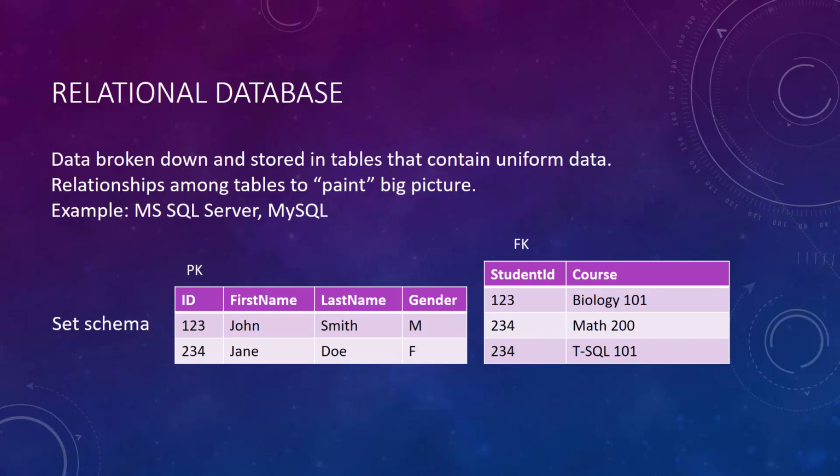What we mean by that is that we have 2 tables on the screen. The one on the left is, let's say, a student table, and this table only contains information about the student: first name, last name, and gender, along with the ID number. You're not going to find any other information in that table, such as course or registration. The table on the right is maybe the registration table.